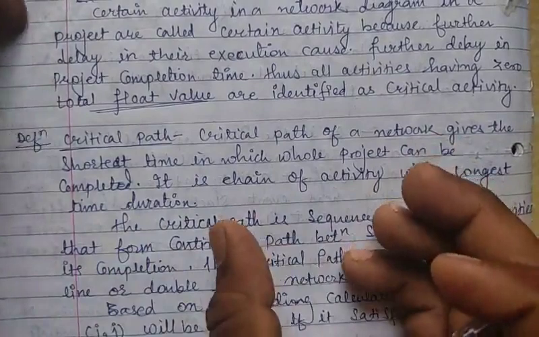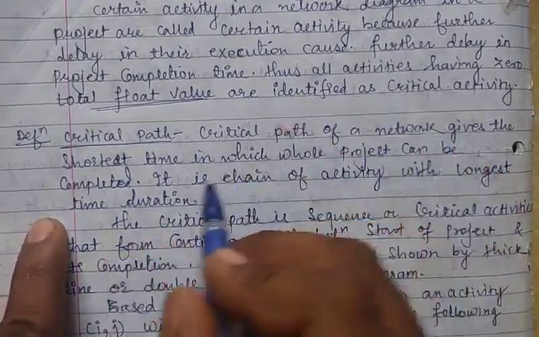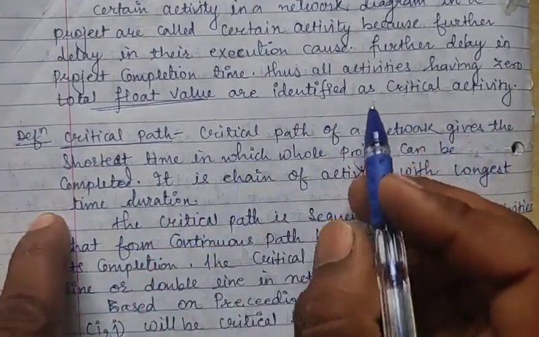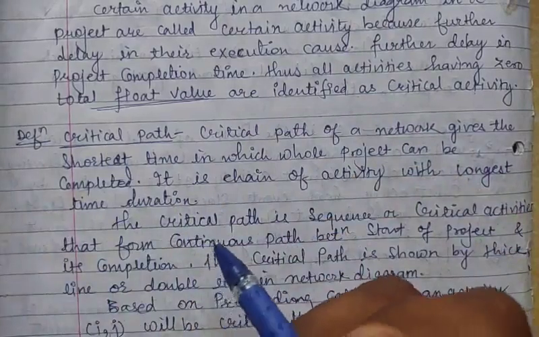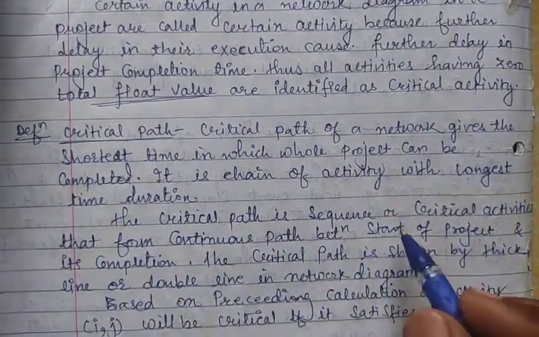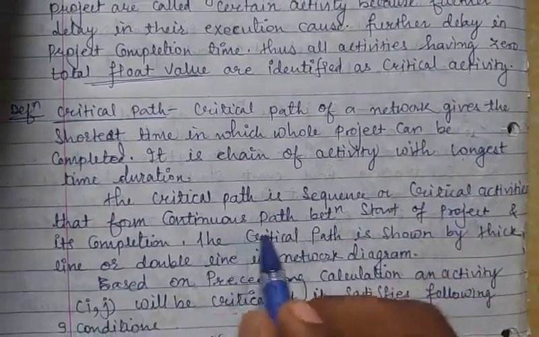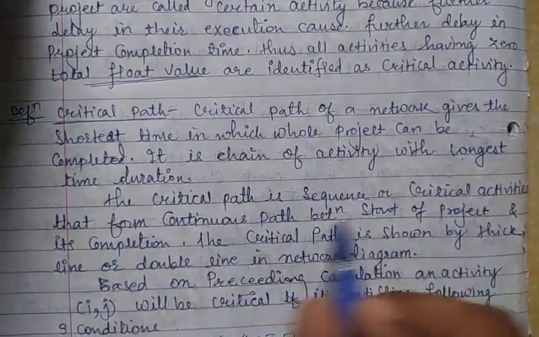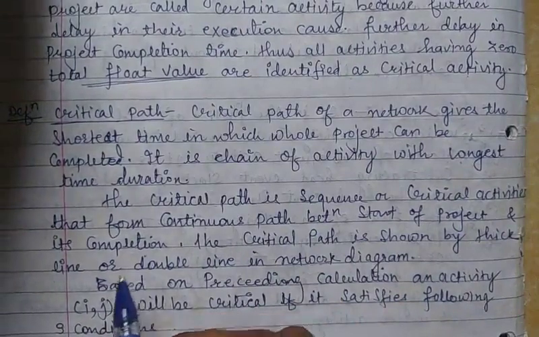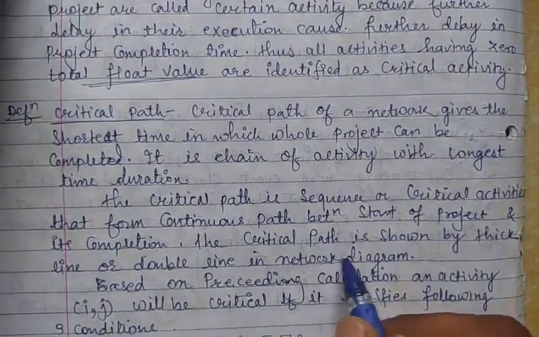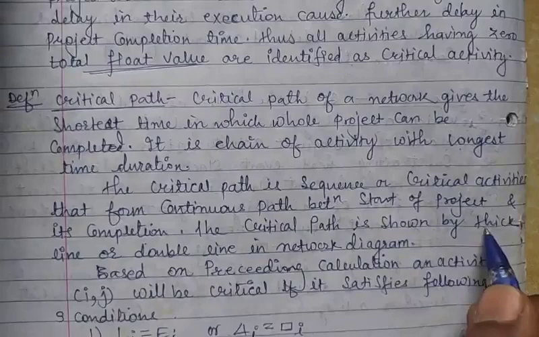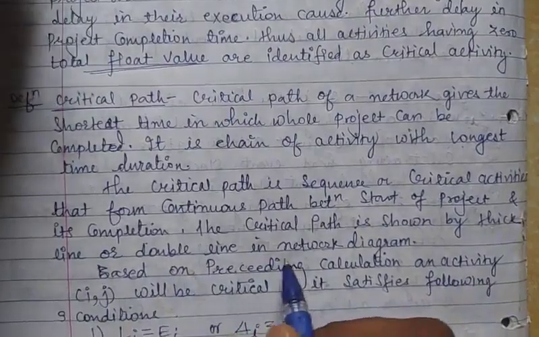So the shortest way to complete the whole network is called the critical path. The critical path is a sequence of critical activities that form a continuous path between the start of the project and the completion of the last event. The critical path is shown by a thick line or double line in the network diagram.